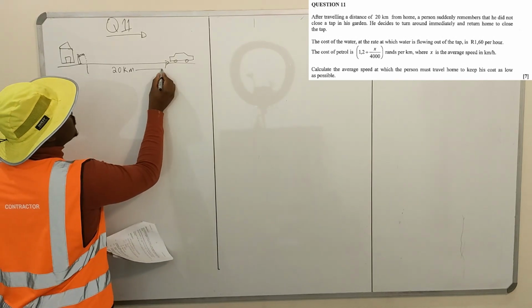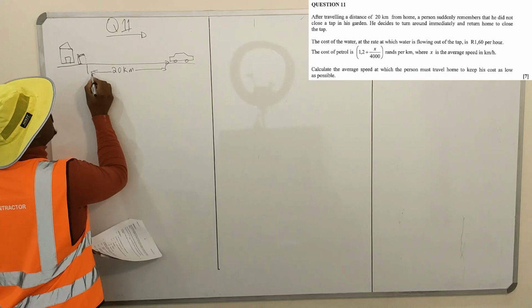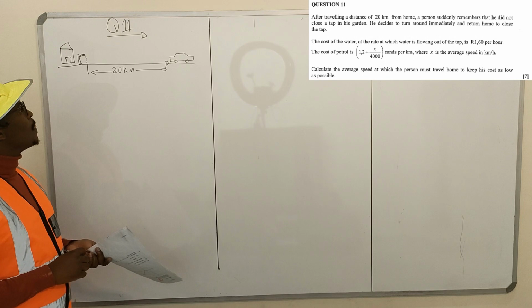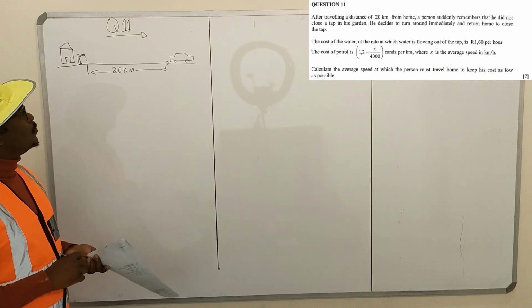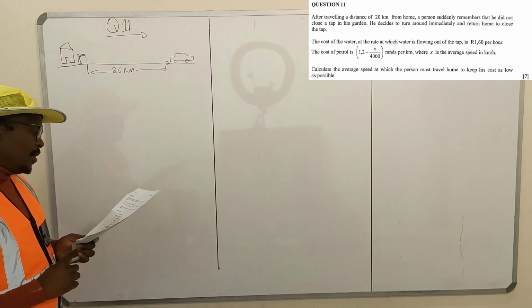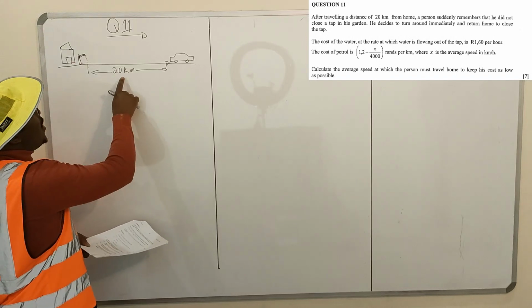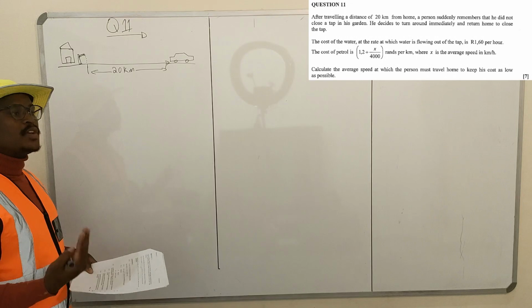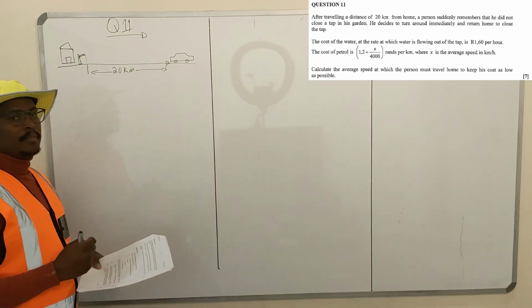He traveled this distance of 20 kilometers before he remembered that he left the tap unclosed at home, right? After traveling the 20 kilometers, that's when he remembered that he didn't close the tap. So he returned back home.